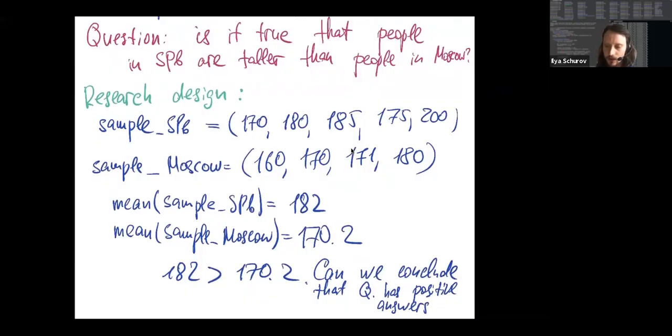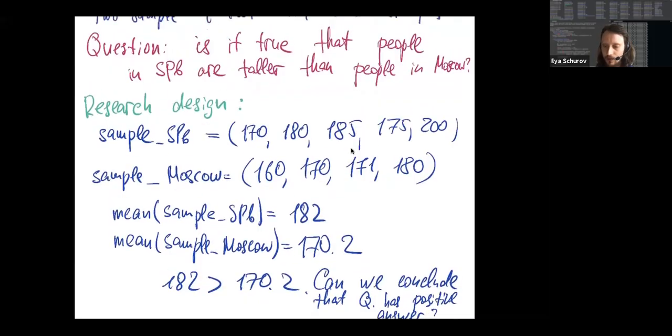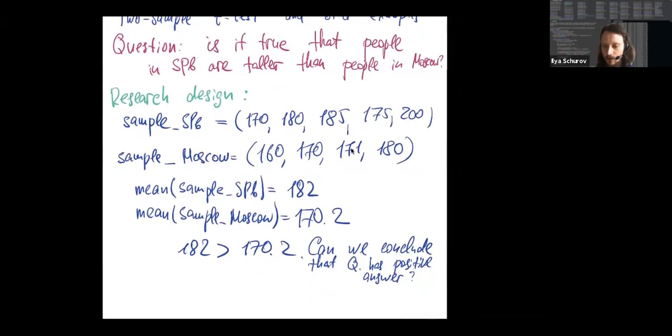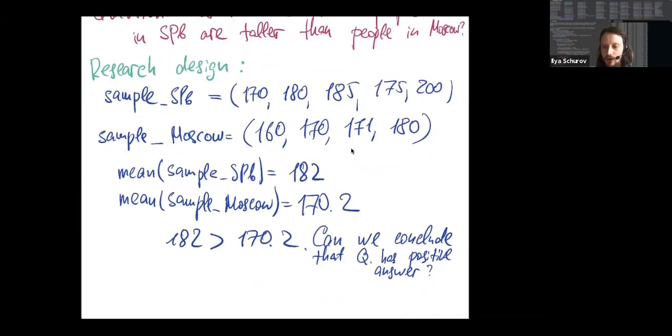Actually, the fact that we have different number of people in both samples is not a problem for our research design. It is possible to have different samples of different sizes. In this case, it is not a problem.